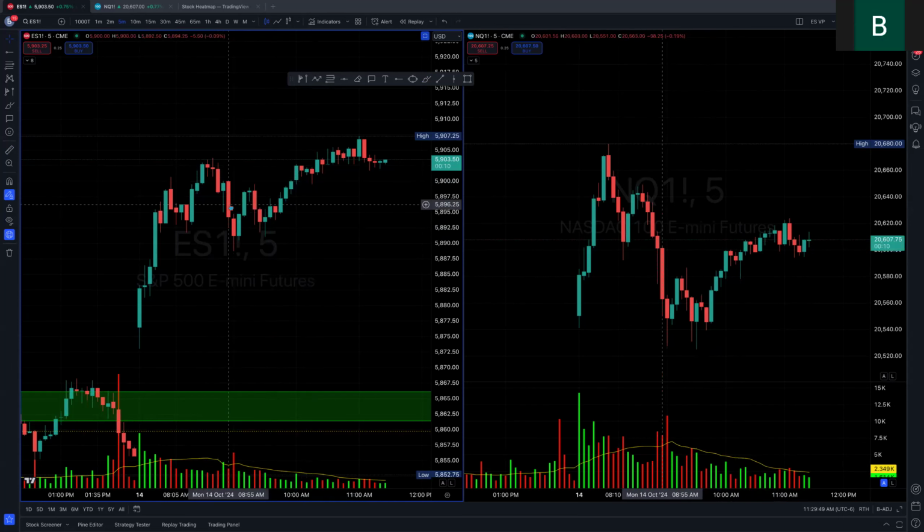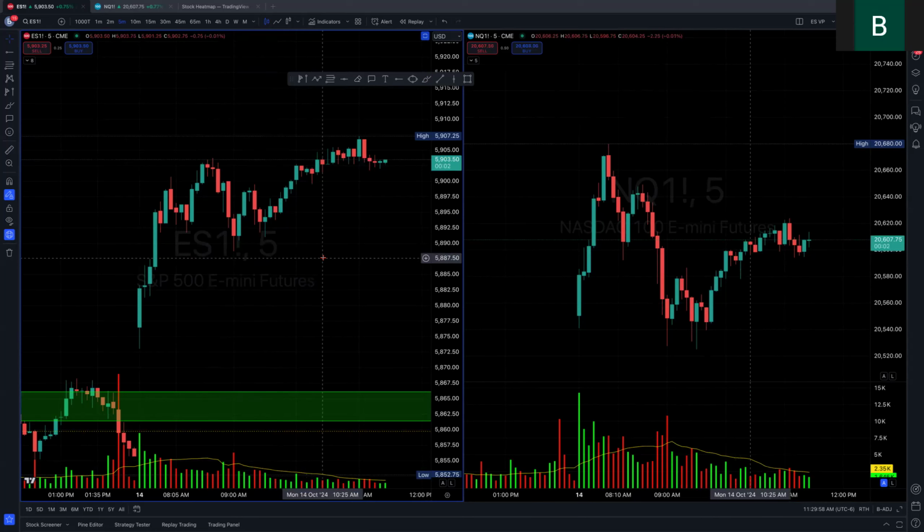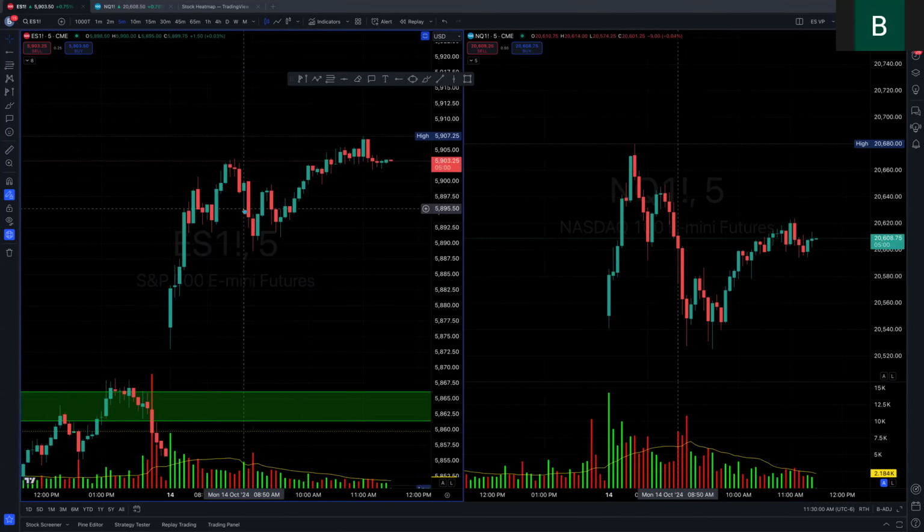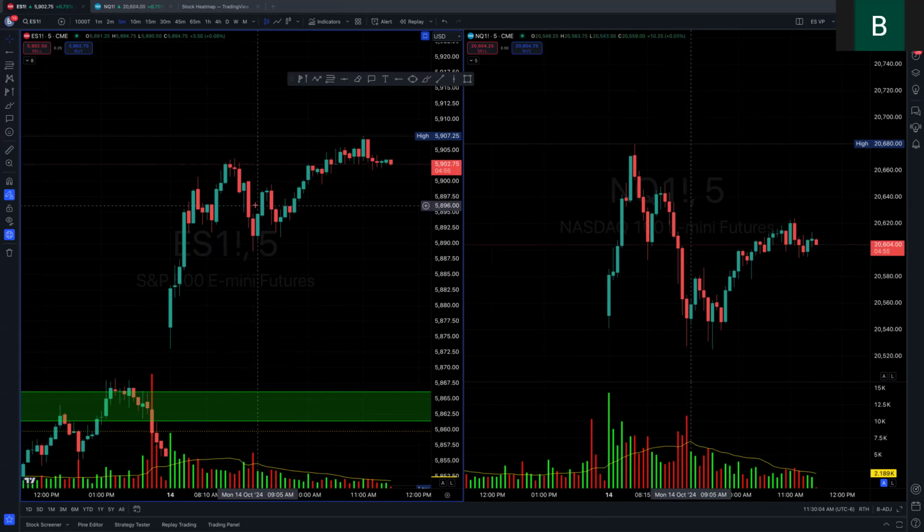And you can see, we sort of have a trend day. We haven't had massive pullbacks. Only this one right here that was about $10. But other than that, we really haven't had anything else. Now, if you look here on ES and NQ, the size of the pullback on ES compared to NQ is pretty small.